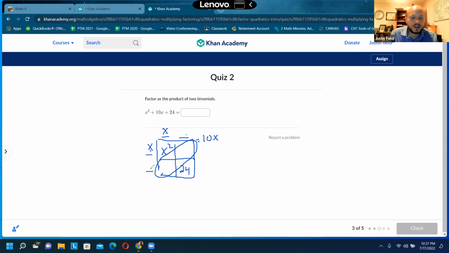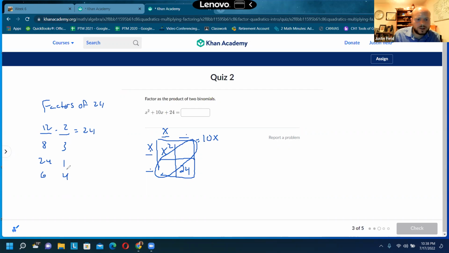But now those two spaces, we have some options because the two numbers multiply to 24, right? So what numbers multiply to 24? 12 and 2, 8 and 3, 24 and 1, 6 and 4, so factors of 24.